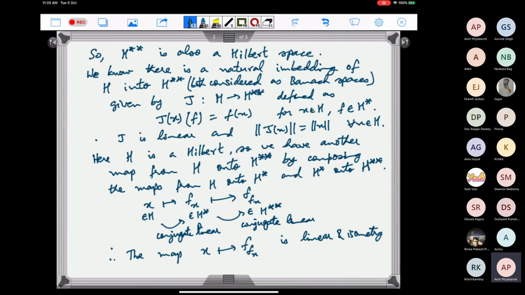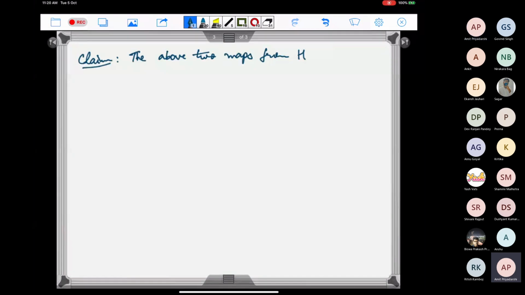So right now we know that both are maps from H to H double star, and we claim they are the same. This is very easy to check. So let's check that these two maps are the same.